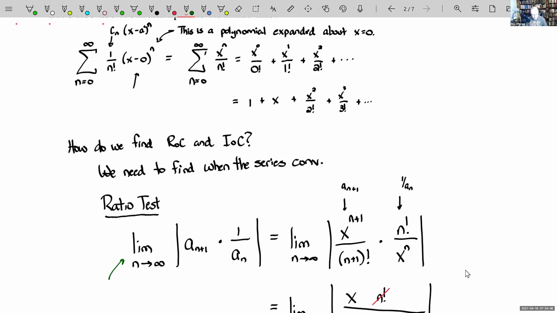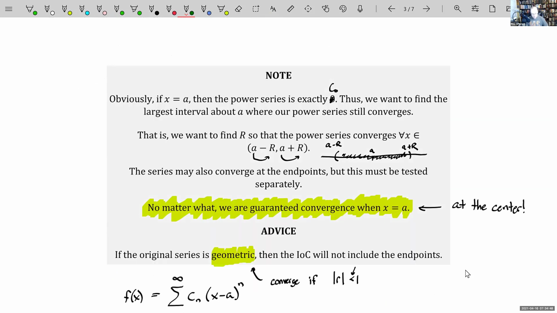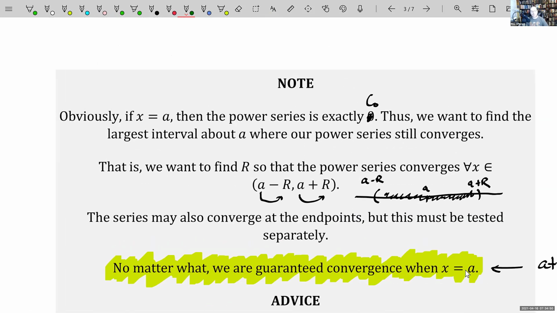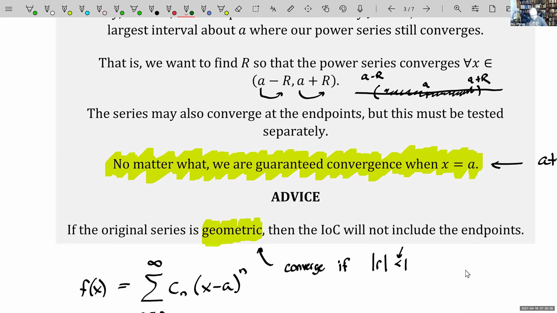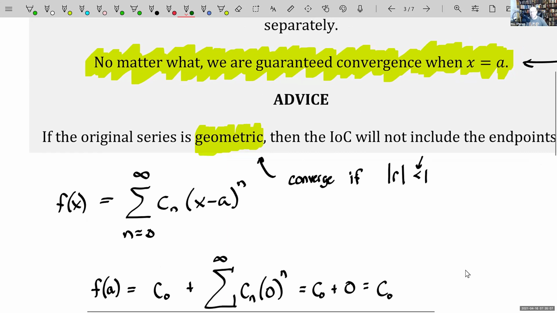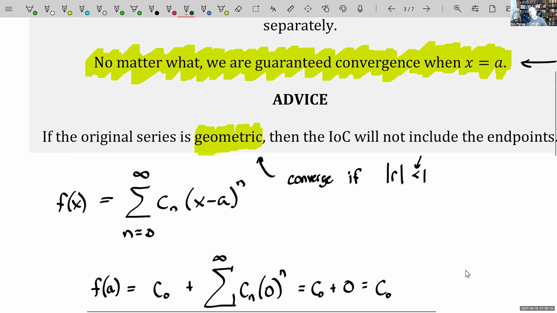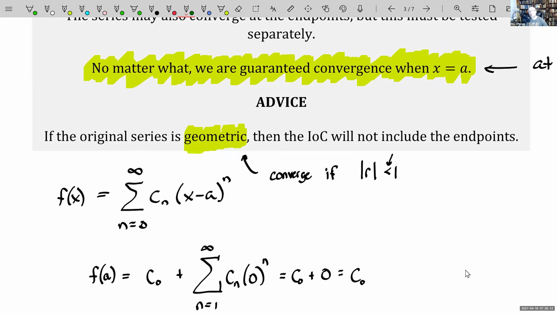Okay. So then we mentioned something here, and I want to actually clarify this. Obviously, if x is equal to a, then the power series will converge. It'll converge to c naught, actually. But there was a piece of advice down here: if the original series is geometric, then the interval of convergence will not include the endpoints.